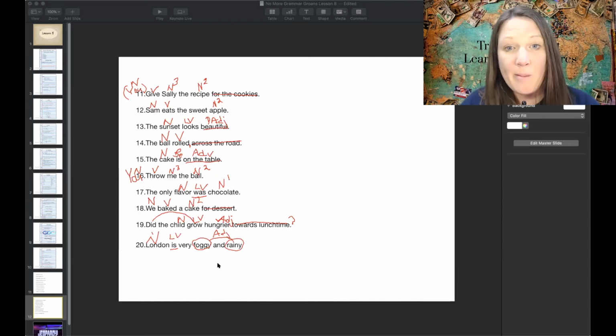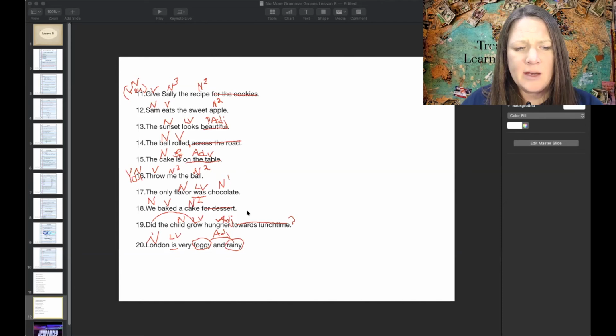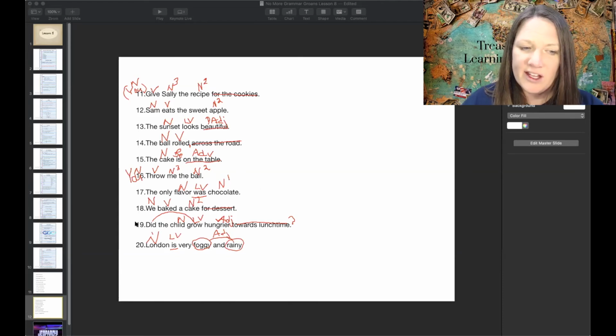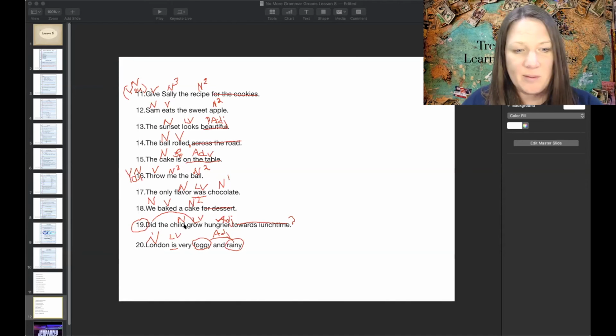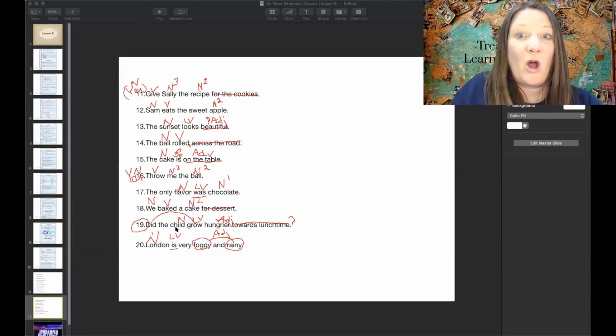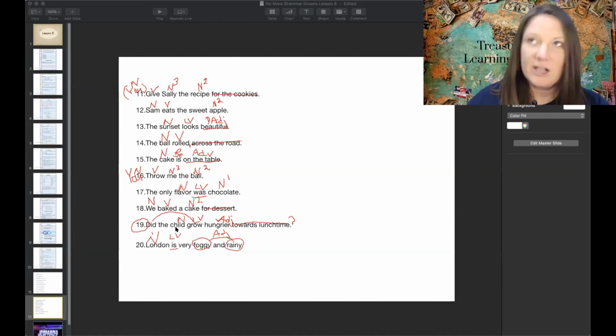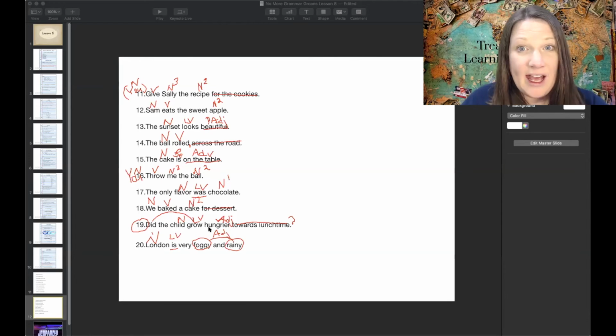As you become more and more familiar with finding these parts of speech, it will start to make more sense how you can figure out things like 19. Did grow is an obvious linking verb because the child did not actively grow hungry. He didn't grow big hungry. That helps to determine that hungrier would be an adjective.